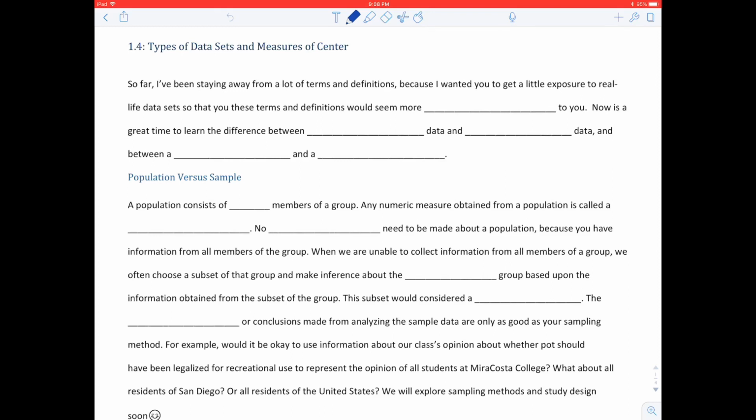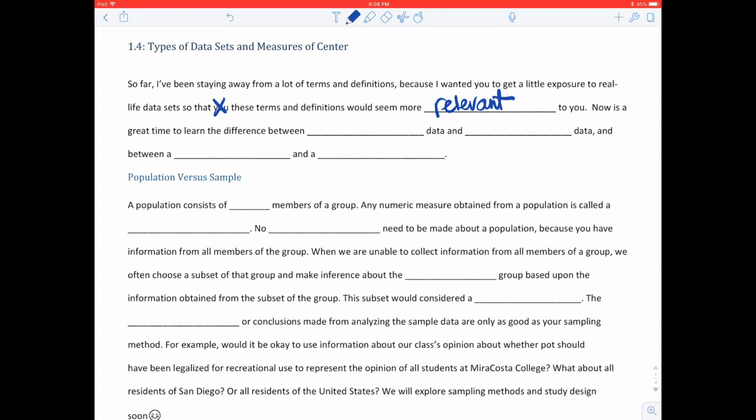So, as I said, I've been staying away from a lot of terms and definitions because I really wanted you to get a little exposure to real-life data sets so that these terms and definitions would seem more relevant to you.